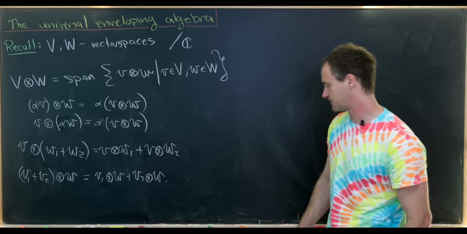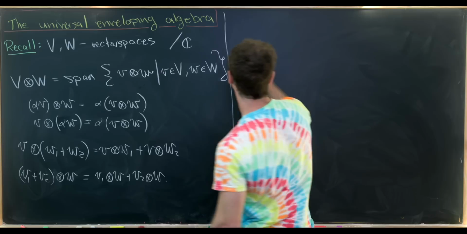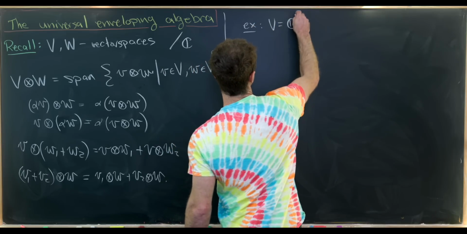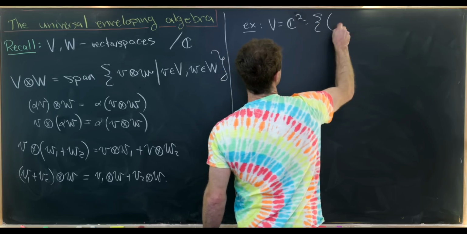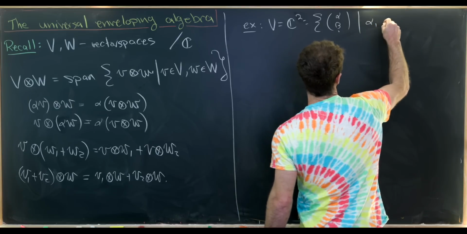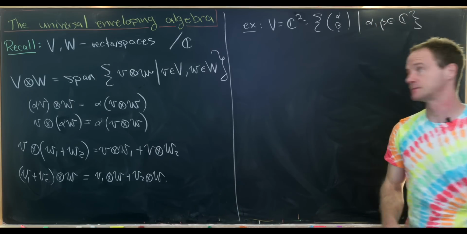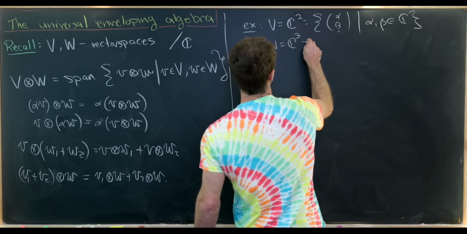Okay, great. So let's look at maybe a quick example. Let's say V is equal to C2. So that's going to be everything of this form. Maybe we'll say alpha, beta, where alpha and beta are complex numbers. So those are two vectors. And then we have W is C3.